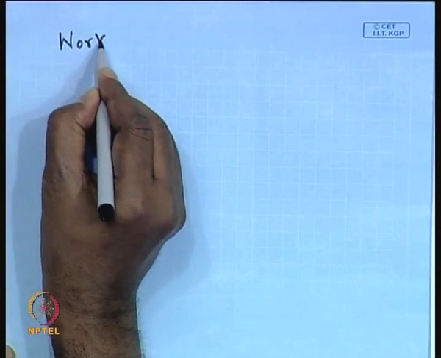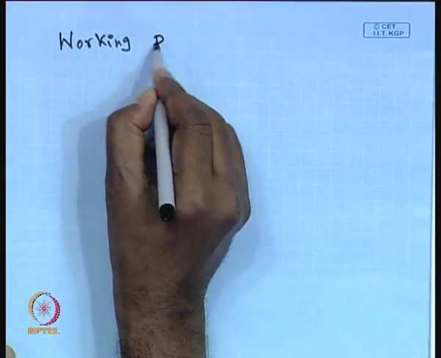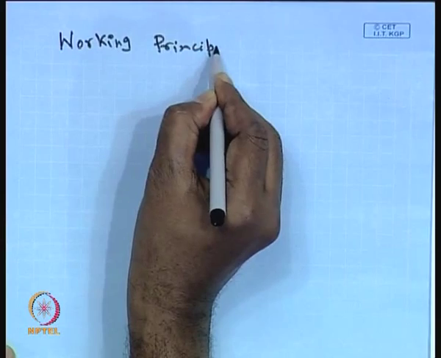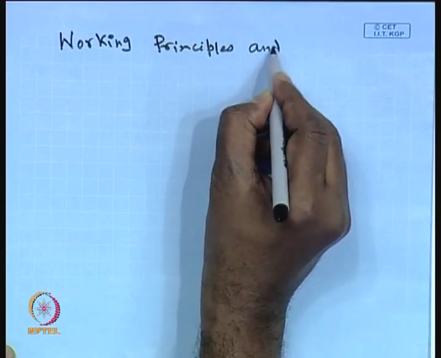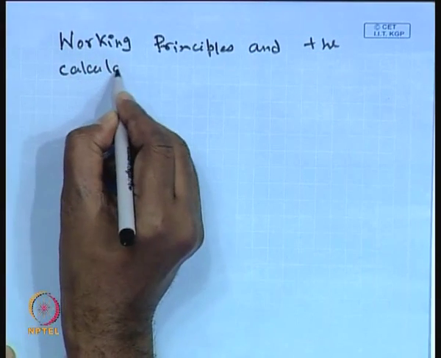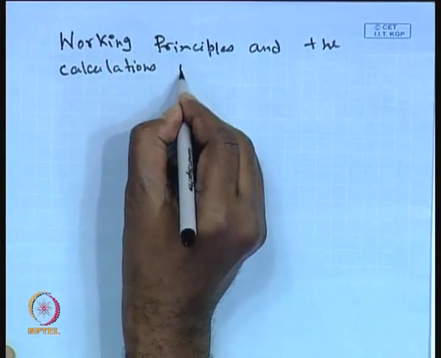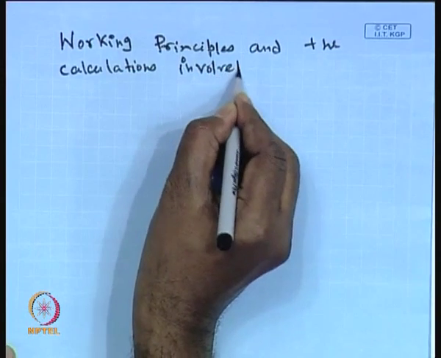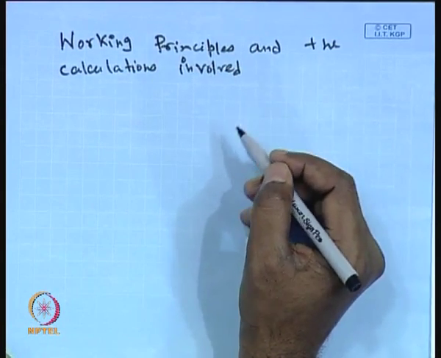Now, what we are going to do next is that we are going to look into the working principles and the calculations that are involved in the configurations that we have discussed.